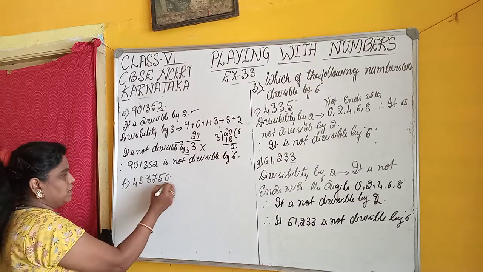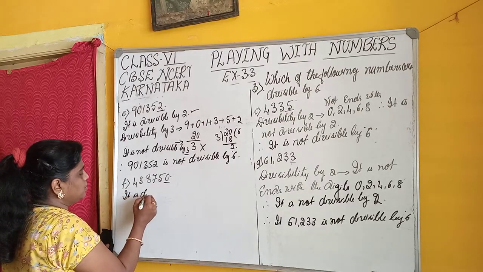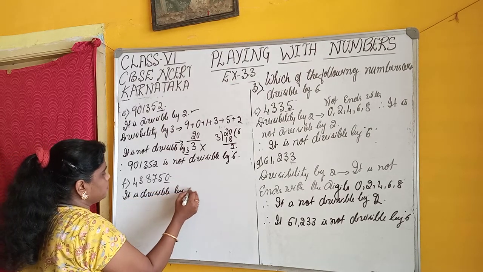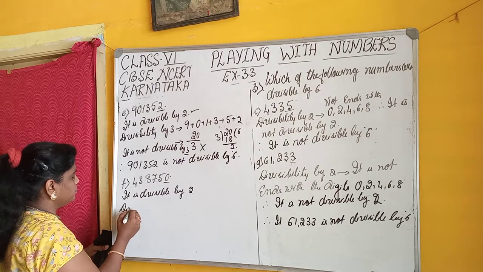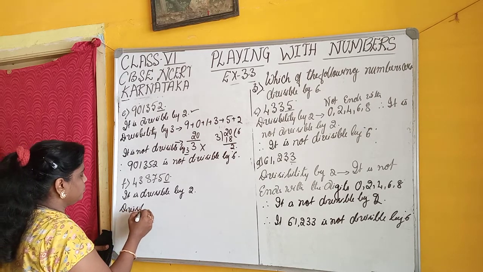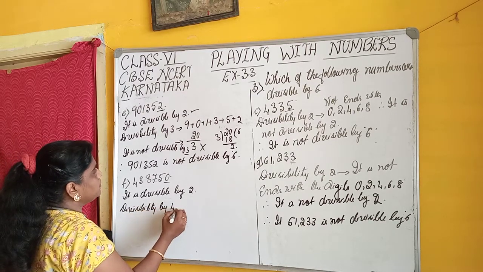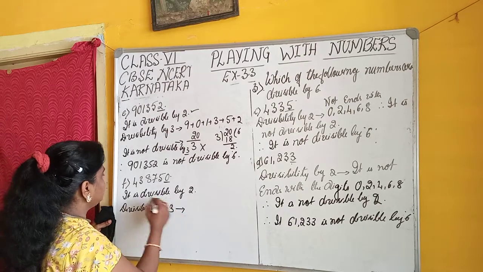Now, this ends with 0, therefore it is divisible by 2. And let us check for divisibility by 3. We have to add all the digits.